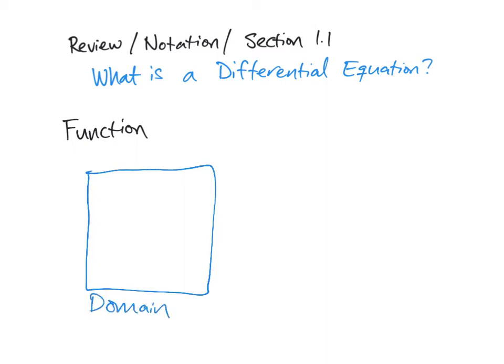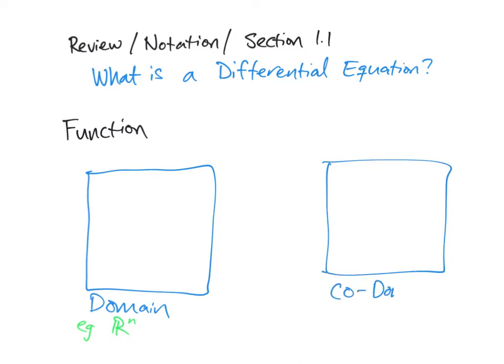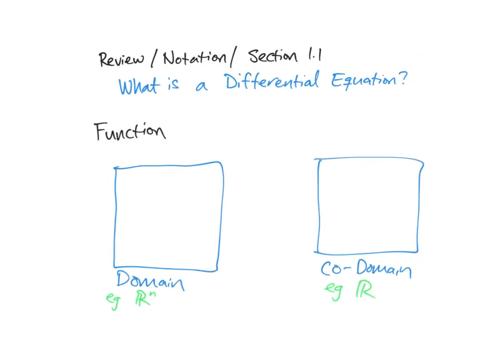And as an example, this might be some R^n, just the real numbers, or higher dimensional real numbers. And then the other set that we get mapped to is called the codomain. And an example would be just the real numbers.